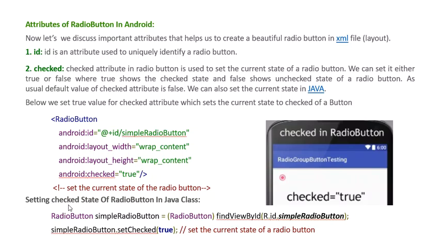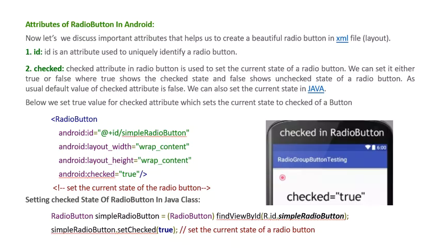Setting the checked state of the radio buttons in Java: the radio button object as RadioButton simpleRadioButton equals findViewById(R.id.id_name) as the simpleRadioButton; and the object name simpleRadioButton.setChecked(true); sets the current state of the radio button as selected.